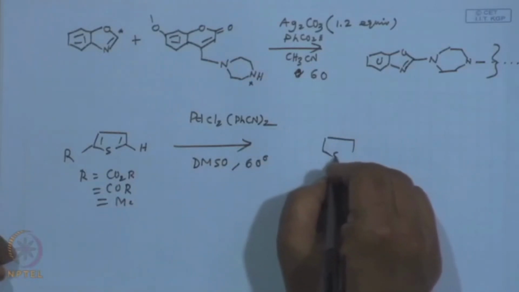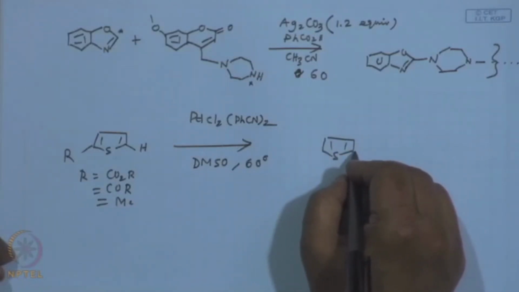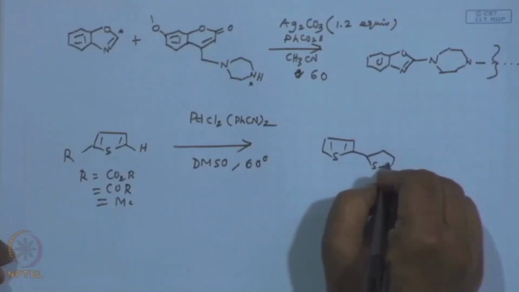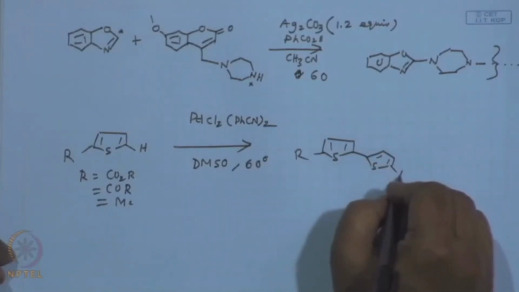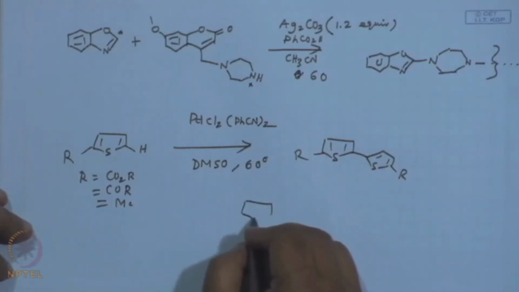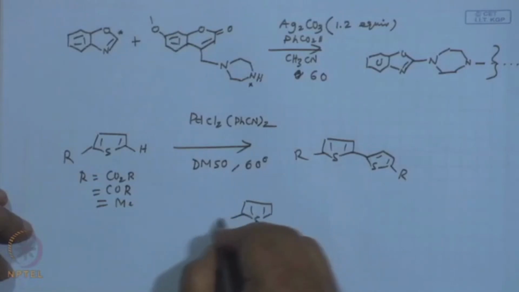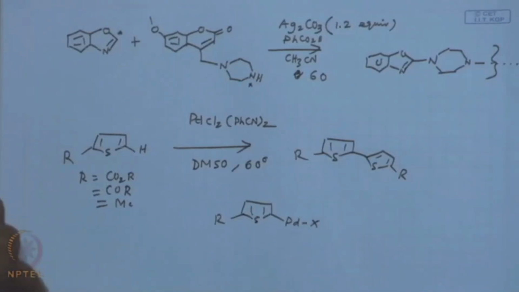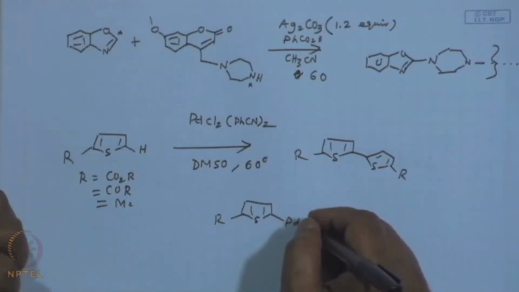So, what do you expect? It is a dimerization, a nice dimerization, that is it. So, what is the intermediate? The first intermediate could be from electrophilic substitution of thiophene with palladium X, and then once you have palladium X, a second molecule comes.